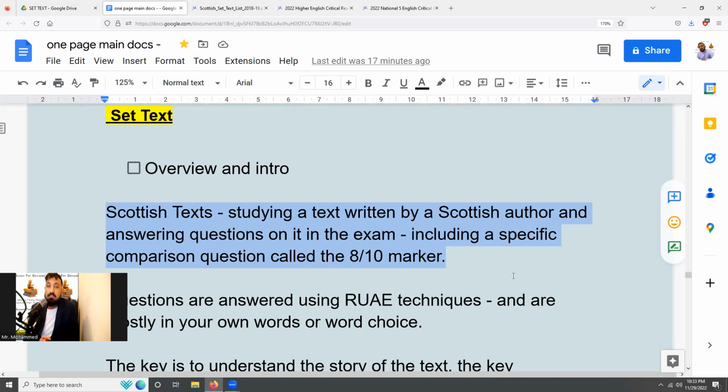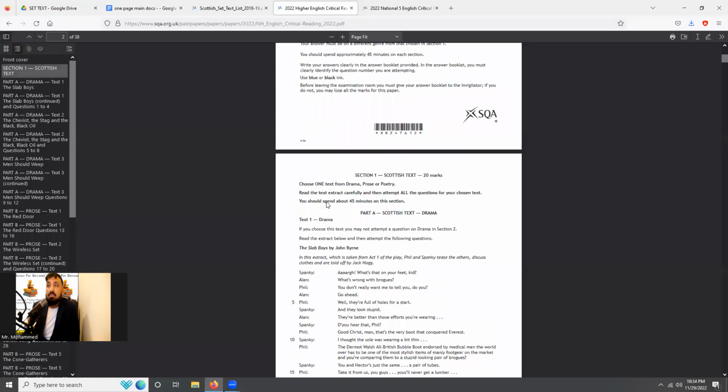So it's two different exam papers. One is the RUAE, which you do first, and the other is the critical reading, which is a combination of your critical essay and your Scottish text.